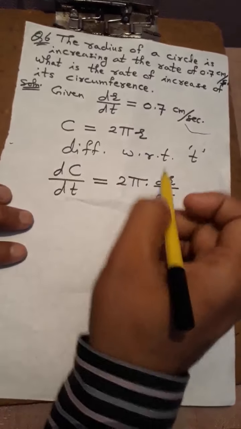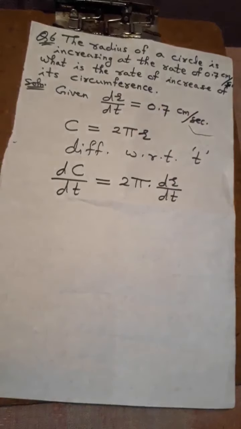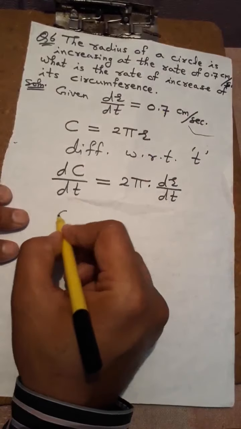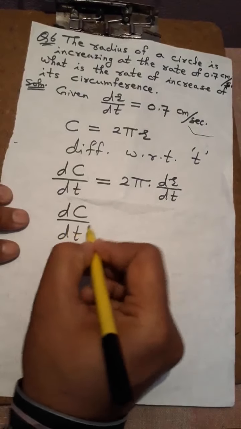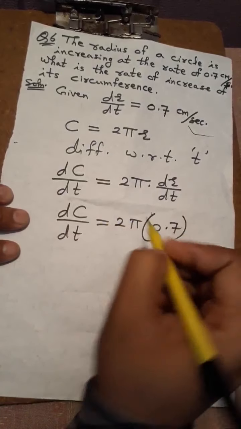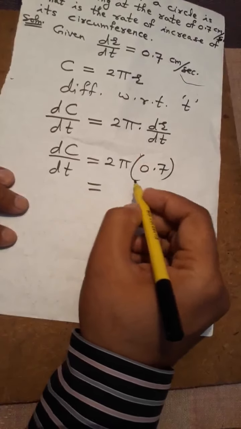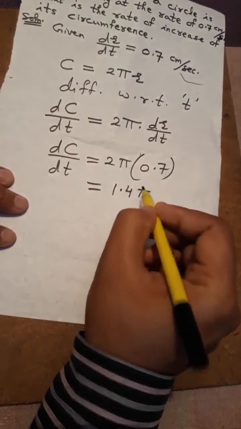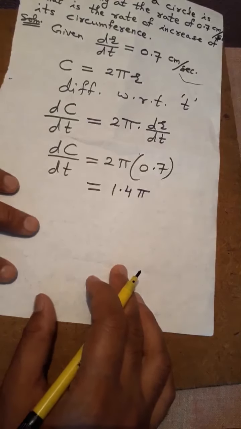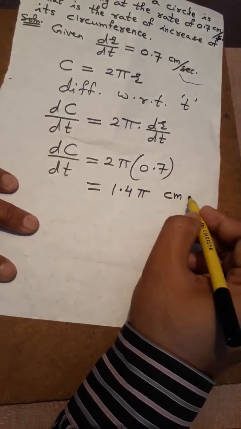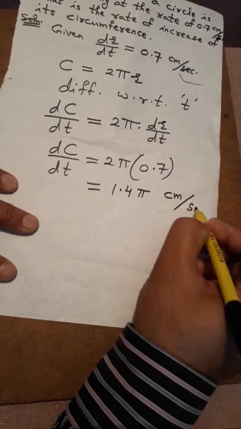Now put the given value of dr by dt, we get dC over dt equal to 2 pi into 0.7, which is 1.4 pi, and its unit is centimeter per second.